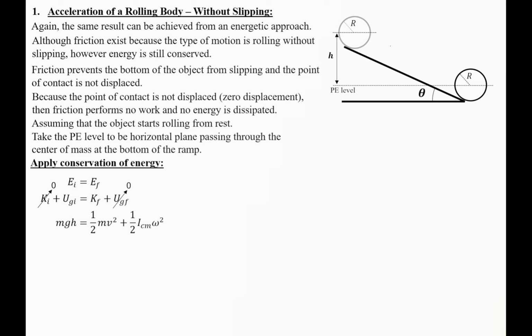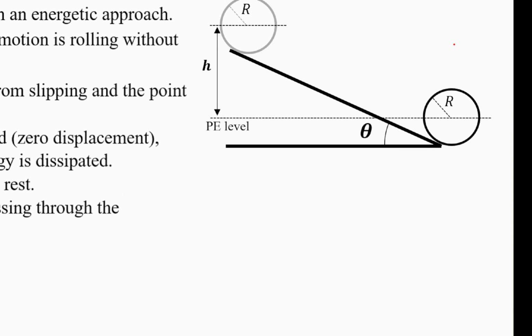And here notice that h is taken to be the distance from center to center. In some problems you can define h to be from rim to rim. That's fine, that works. It only depends on how you define your h.